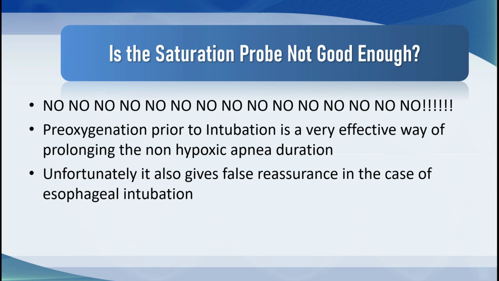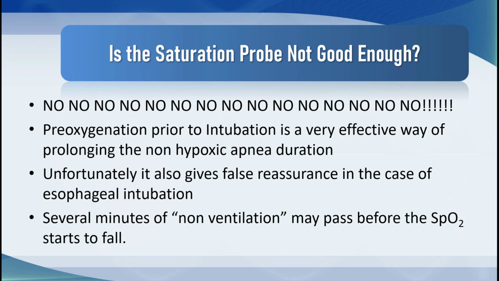Unfortunately, it also gives false reassurance in the case of an esophageal intubation, and several minutes of non-ventilation may pass before the saturation starts to fall. The CO2 coming out of the tube arrives very quickly, and you know almost instantaneously that the tube is in the right place.